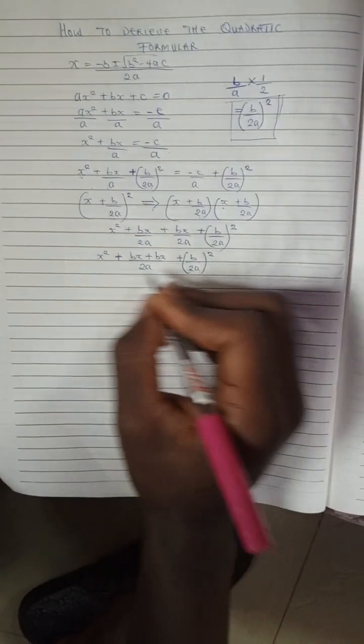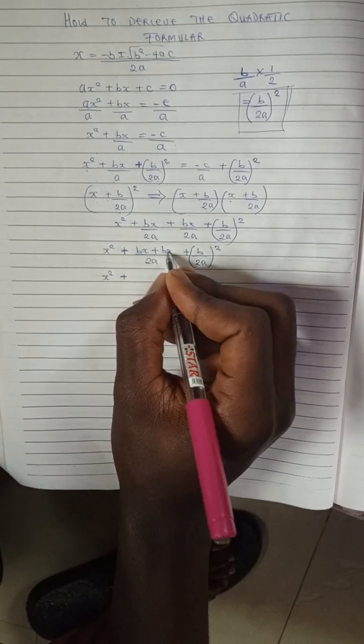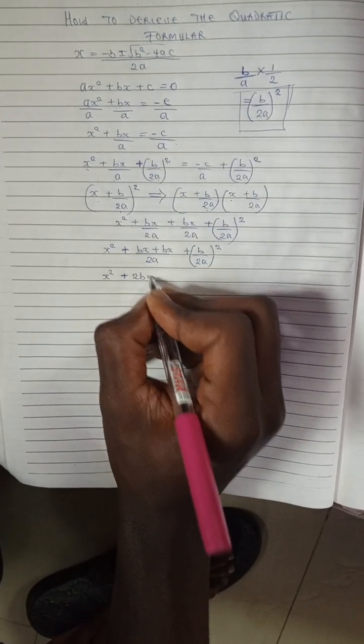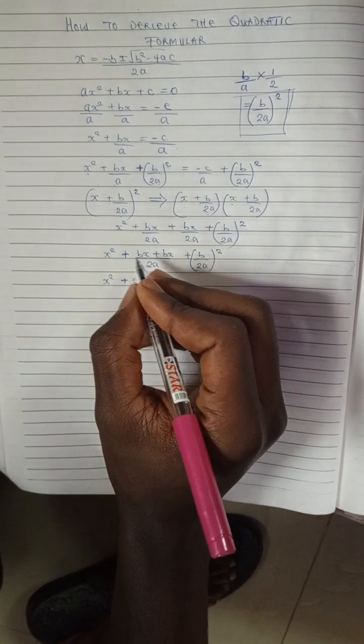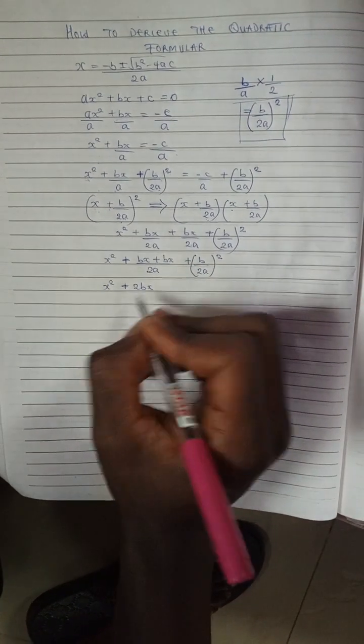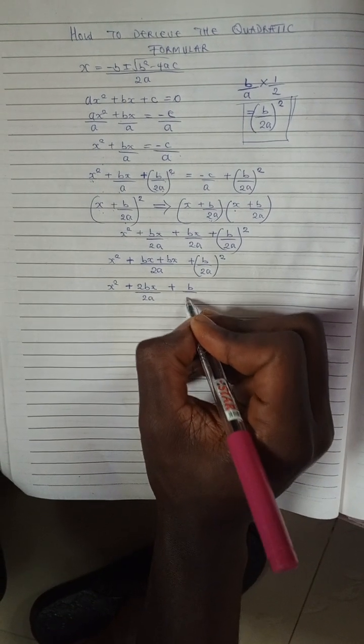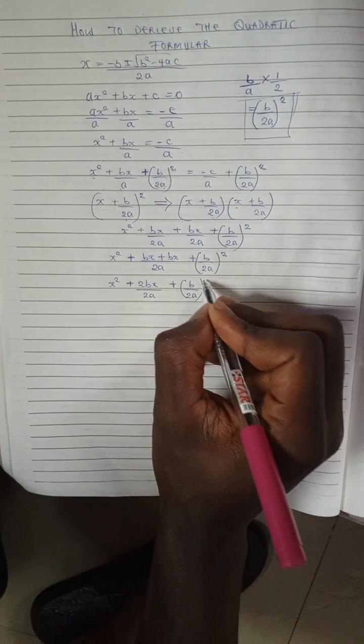So from here, we have x squared plus bx plus bx, that's 2bx, just like having x plus x giving us 2x. So bx plus bx will give us 2bx over 2a, then plus b over 2a raised to power 2.